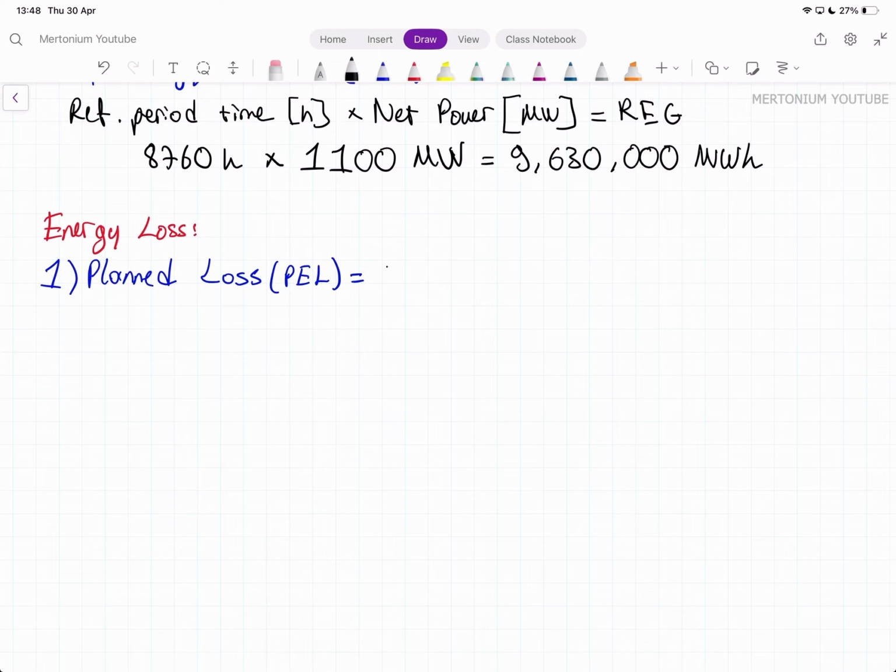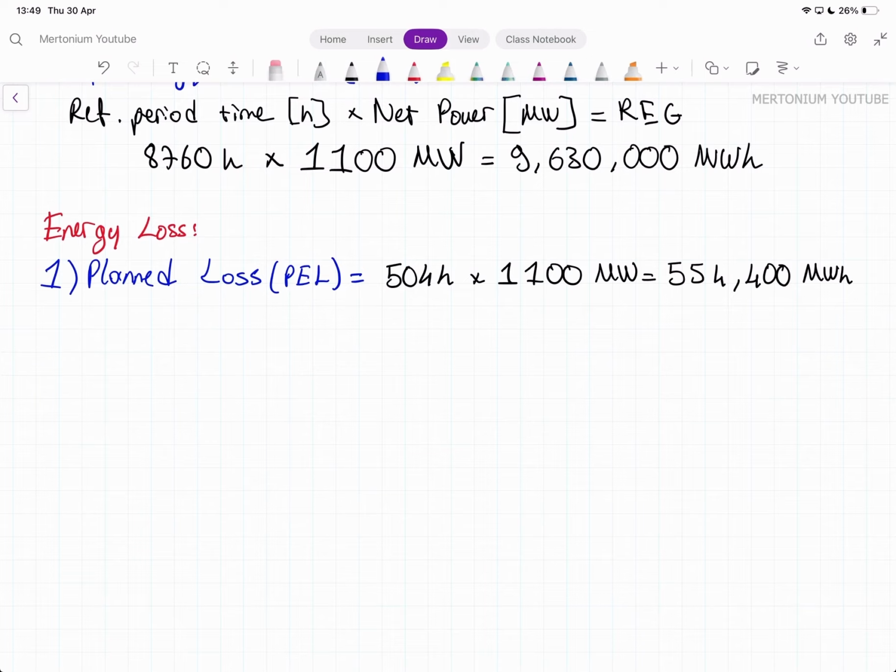We know that for 504 hours, the plant will be shut down for the maintenance and refueling, and this is a plant loss. This is something we expected. Times the net power of the power plant, 554,400 megawatt hour. Okay, so this is the only plant loss that we have.